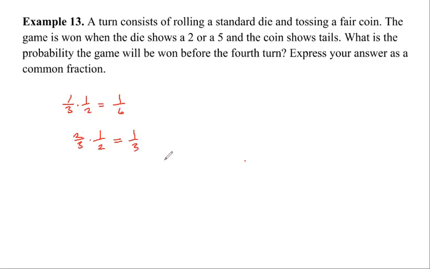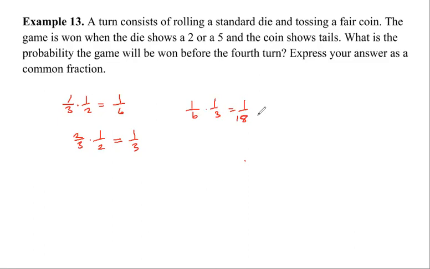Then you have to multiply that same thing by 1/6. Yeah, because 2/3 times 1/2 represents you losing, but then you have to multiply that by 1/6 again, such that you win on the second time. And that's 1/18. So that's your second one. So you have 1/6 and 1/18 currently.